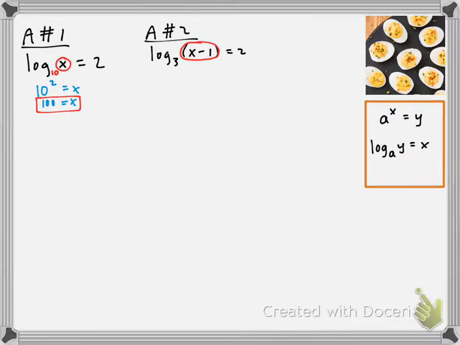So once we see that, we say, well, we want to unlock that, and we unlock that by rewriting this log equation using exponents. 3 to the second power, so we can think 3 to the second power equals the argument, equals x minus 1. So if you want to write 9 right there, that's fine. So if x minus 1 equals 9 and you add 1 to both sides, you get x is equal to 10. Done. So that's it.